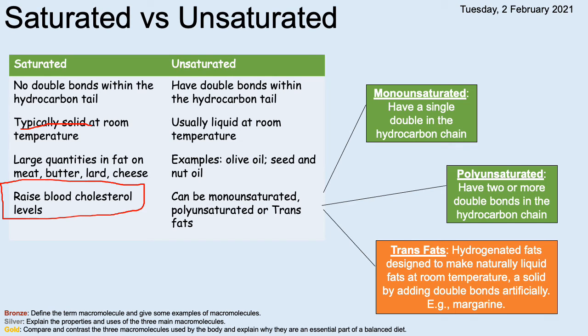And an example of this that we see in everyday life is margarine. So that is actually liquid at room temperature, but because it's gone through that process and the double bonds have been added to make it solid at room temperature, it has become a trans fat and it is now solid.